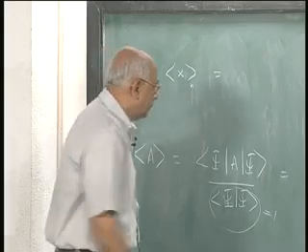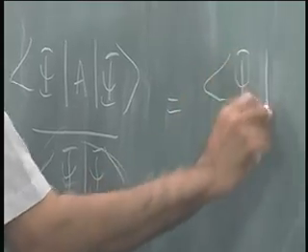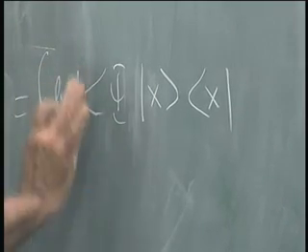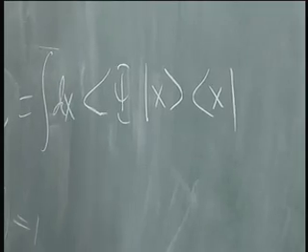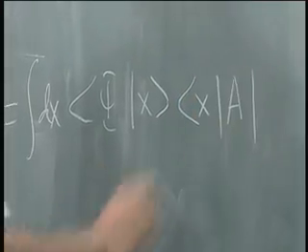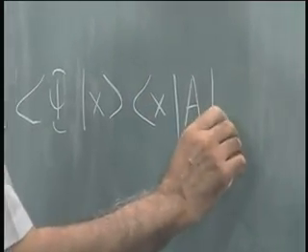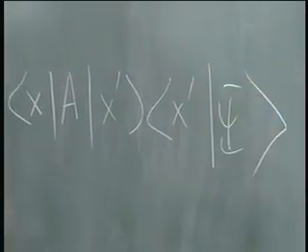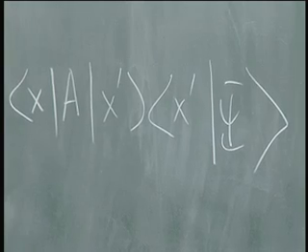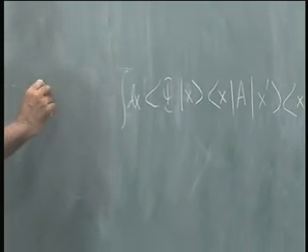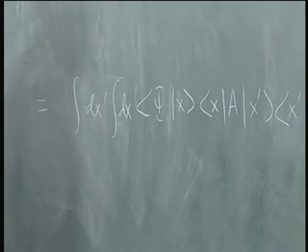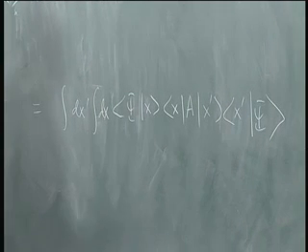So let us write this as the integral over dx of ⟨psi|x⟩, then ⟨x|A|x'⟩, then ⟨x'|psi⟩ and the integral dx'. That is what ⟨psi|A|psi⟩ was equal to.